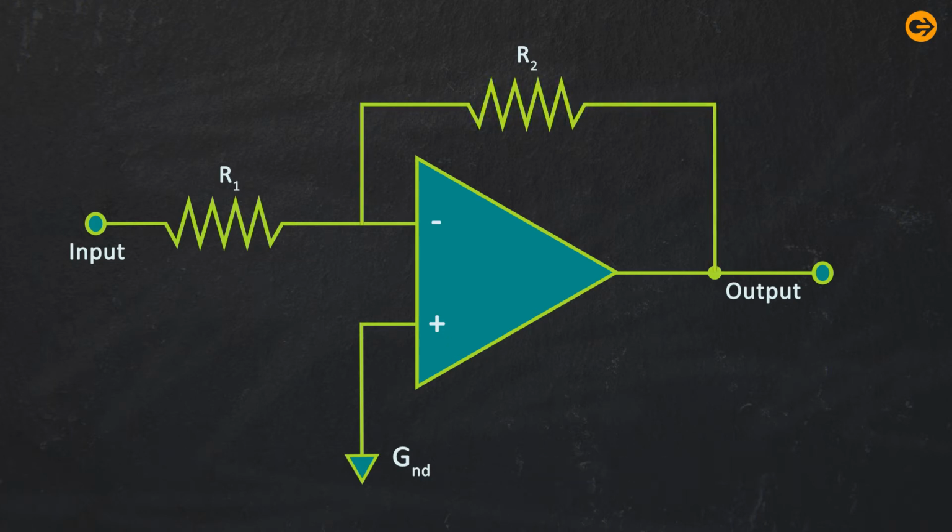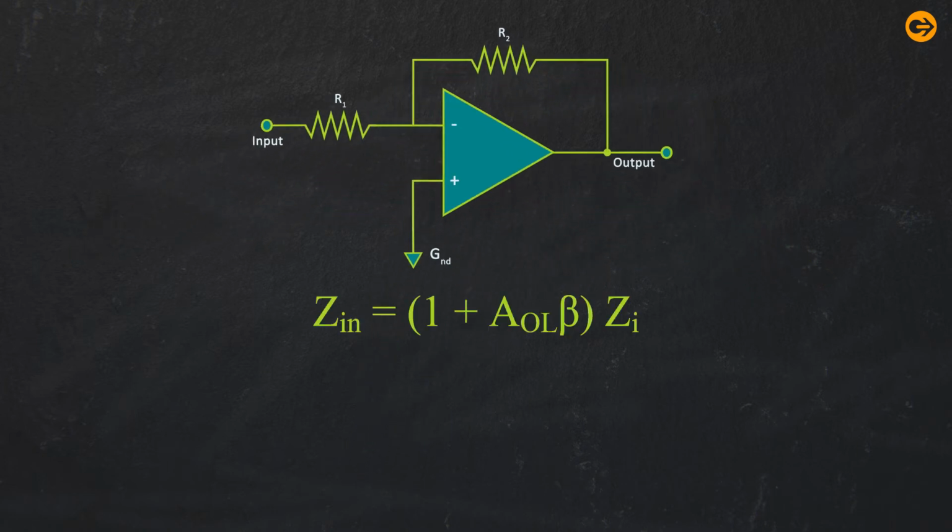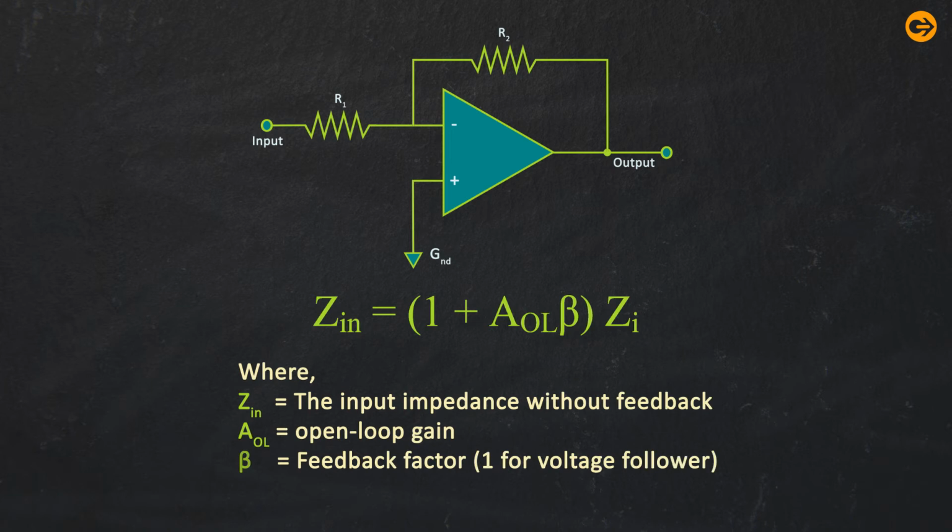Due to this negative feedback, the input impedance becomes Zin equals (1 plus AOL beta) multiplied by Zi, where Zi is the input impedance without feedback, AOL is the open loop gain, and beta is the feedback factor, which is 1 for a voltage follower. The impedance of the signal sources connected to the input of an op-amp needs to be much smaller than the amplifier input impedance to avoid signal loss.